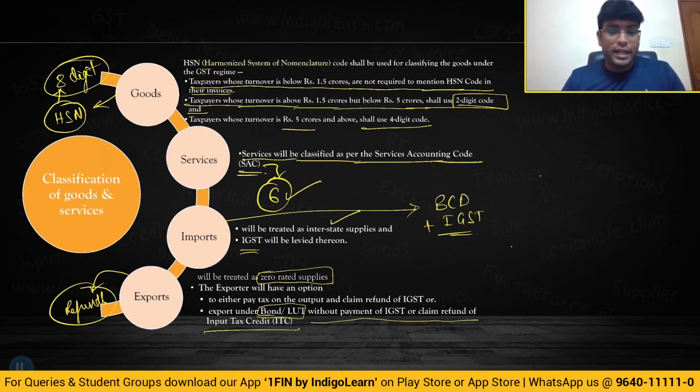And already I told one point very clearly that government actively encourages exports and actively discourages imports. So on exports, they give us good benefits. We have a concept called LUT, which stands for letter of undertaking. That's where we have a concept called exports with payment of tax, exports without payment of tax. What is that? We'll talk in detail soon when I go to the topic called refunds.